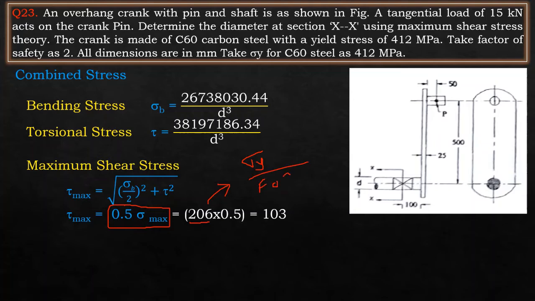In this case, sigma y is given as 412 megapascals and FOS is given as 2. That is how we have got 206 megapascals, and dividing this 206 by 2, or multiplying by 0.5, we obtain the value of tau maximum as 103 megapascals.